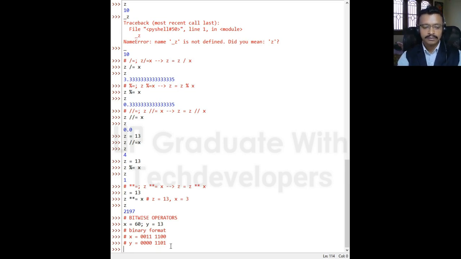Now let us perform the bitwise operators: bitwise AND, bitwise OR, bitwise XOR, binary ones complement, binary left shift, and binary right shift.